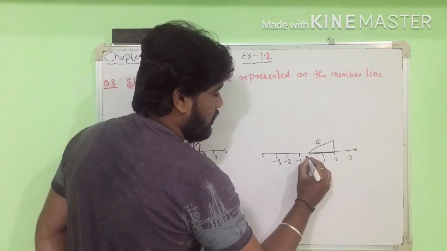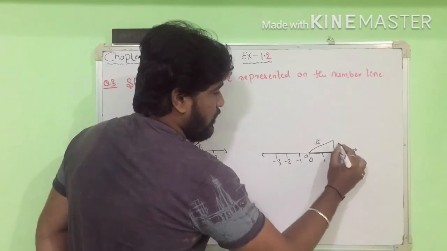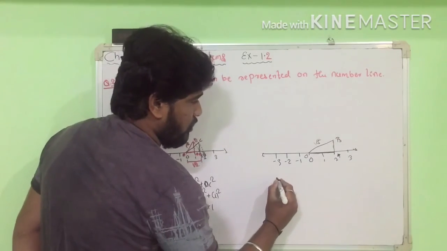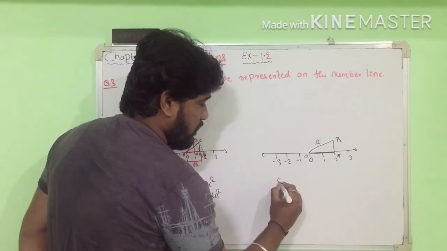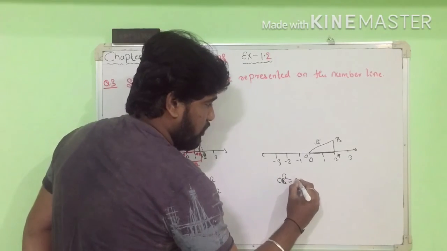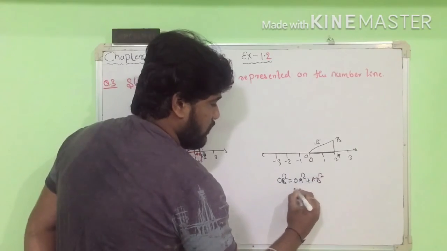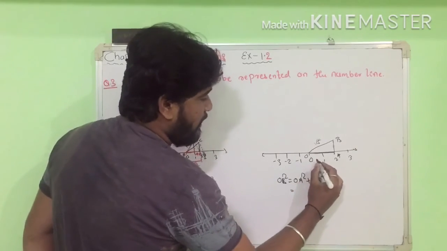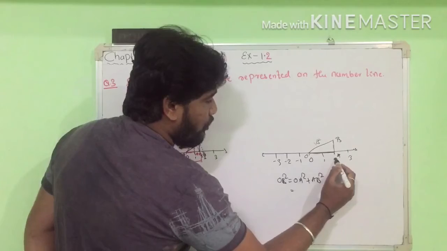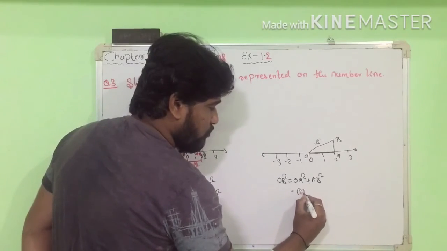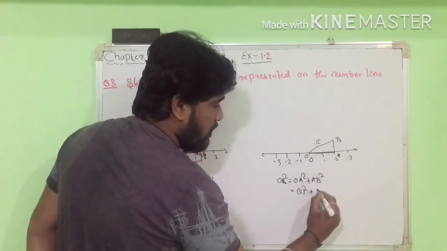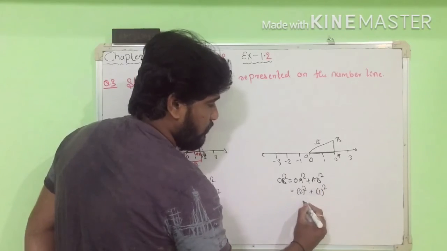So give the names here: O, A, B, right? So what is the Pythagoras theorem? OB square is equal to OA square plus AB square. OA is 2 units, right? So 2 square plus AB is 1 unit, 1 square.